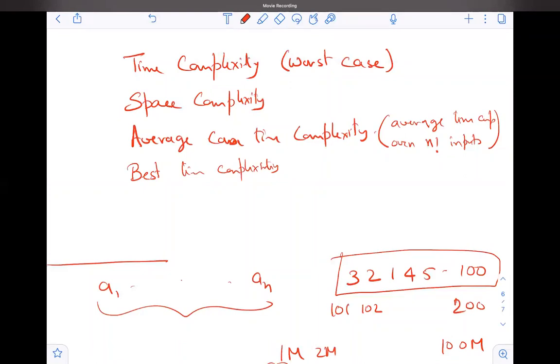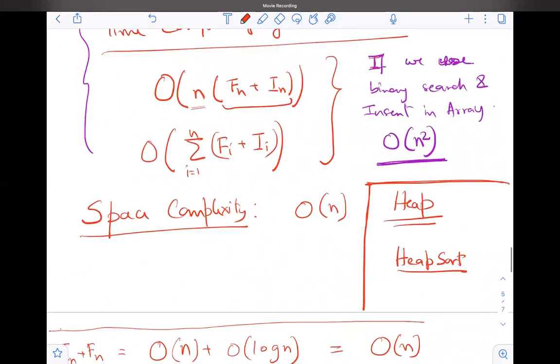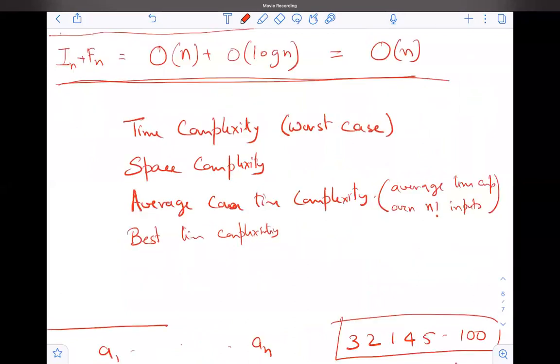For our insertion based technique, there will be no cost of insertion, but there will be a cost of find.